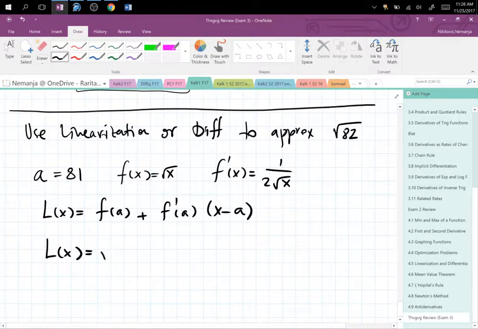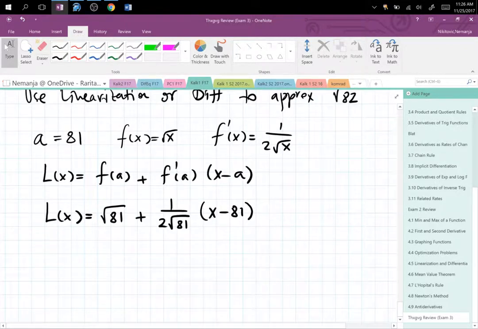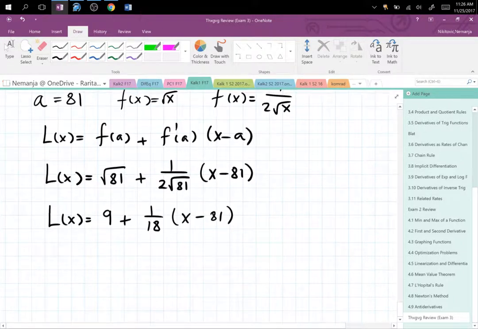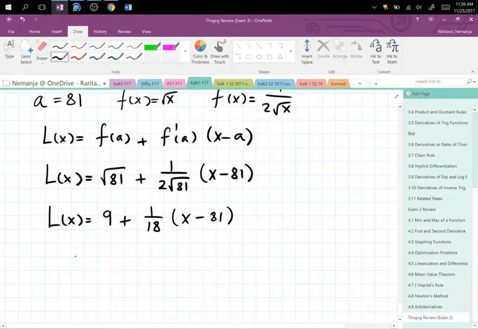So f of a would be the square root of 81 plus 1 over 2 square root of 81, and then x minus 81. So L of x is going to be square root of 81 is 9 plus 1 over 18, because 2 times root 81 is 2 times 9, which is 18. And then I have x minus 81. So this is the linearization.